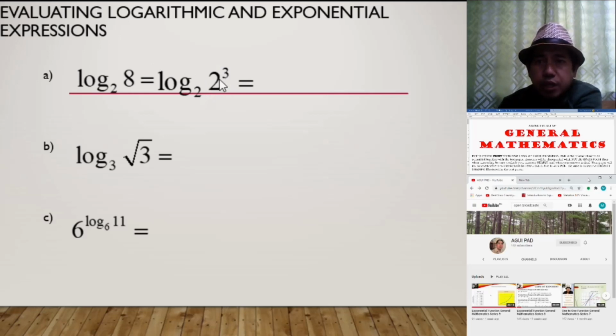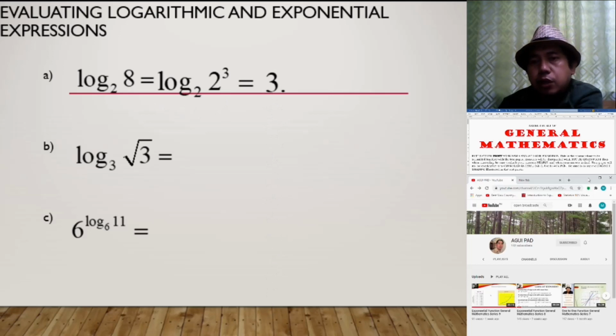Meaning, 2 raised to 3 is the same as 8. That is the same as saying 2 times 2 times 2 is the same as 8. So you will notice the log of 2 raised to 3 with a base of 2, the log base 2 will cancel out, and so what remains is 3.